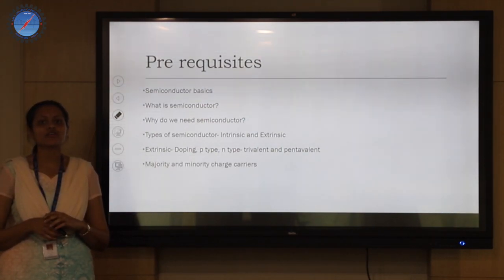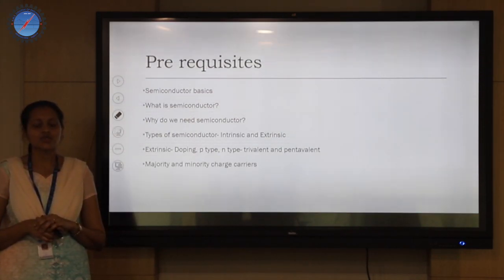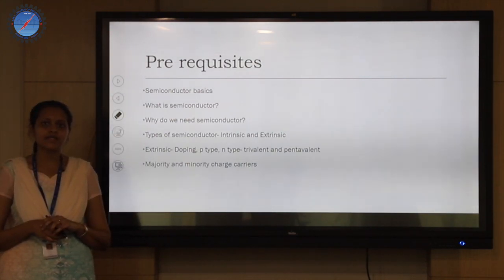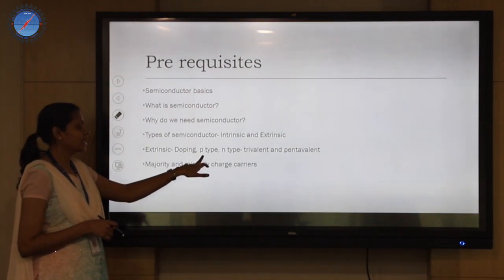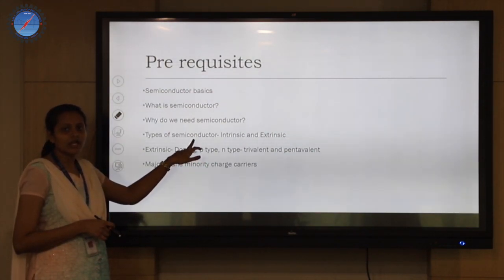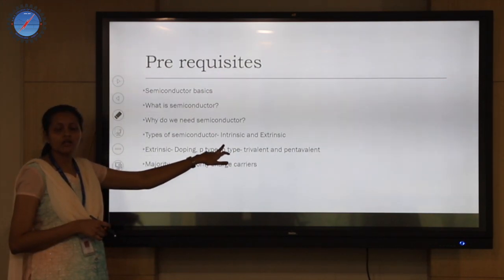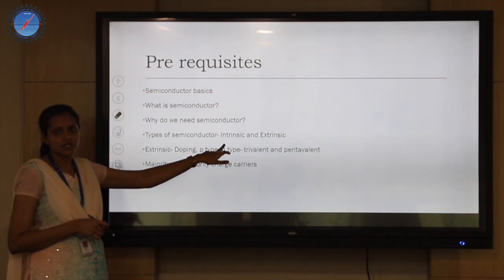What are the examples of pentavalent atoms? Phosphorus, arsenic, antimony, etc. So the main point to remember is we get p-type material when we add trivalent atoms, and we get n-type semiconductor when we add pentavalent atoms.